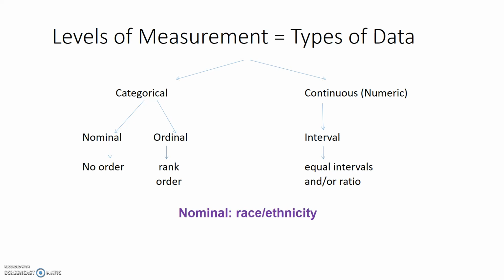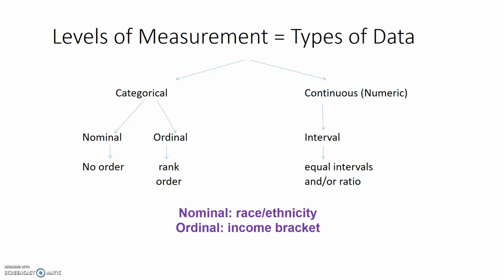So here's some examples. With nominal, this could be just race and ethnicity. It doesn't matter what order we put the categories in, even though we might label them 1 through 5 or 7 or 11, whichever census you're using. Ordinal would be something like income bracket, not actual income, but income bracket. So you give them a range that they have checked in the survey of I'm in the income bracket of $40,000 to $50,000 a year.